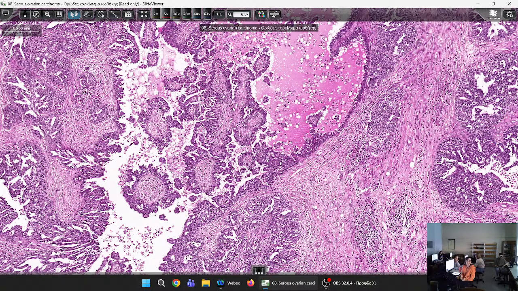Okay. The papilla. Yes. So it's a papillary cystadenocarcinoma. It can be cystic, it has papillae, and it is malignant. So it is a carcinoma, an epithelial neoplasm. And sometimes we have psammoma bodies deposition.